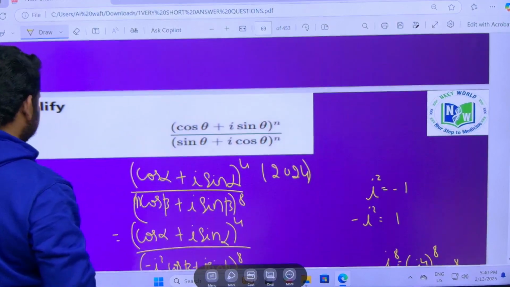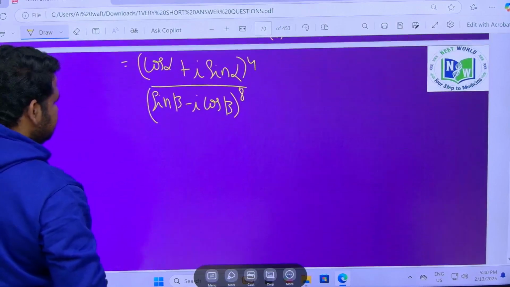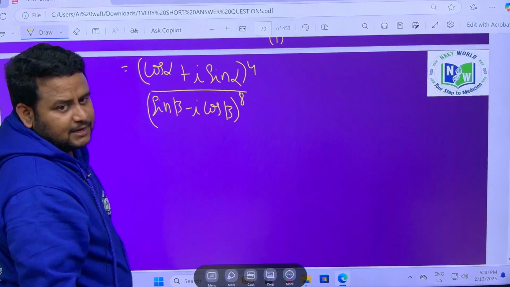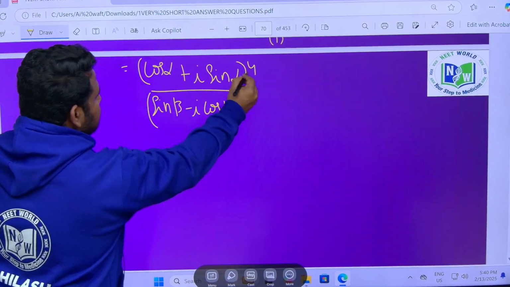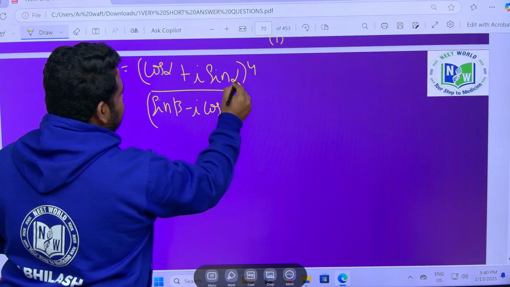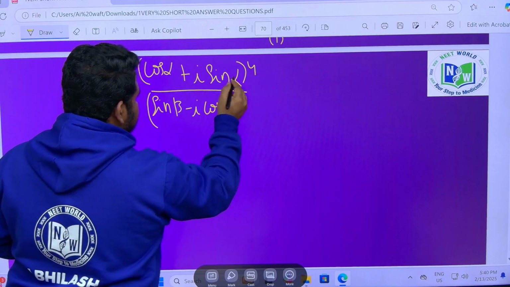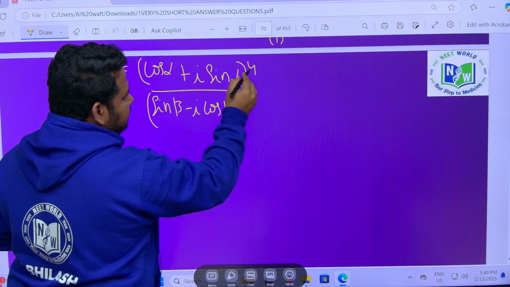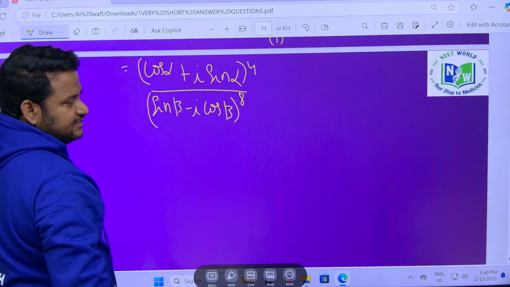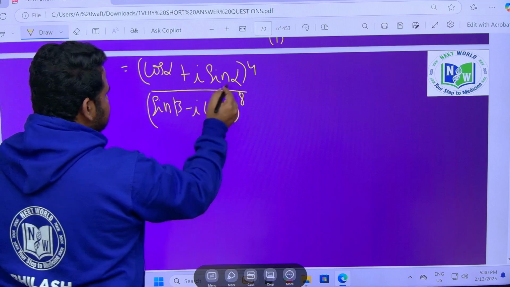Now in this question we have reached a point where we have to apply De-Moivre's theorem. So cos alpha plus I sin alpha to the power of 4, that is cos theta plus I sin theta to the power of n, is cos n theta plus I sin n theta. So this will become what, friends?